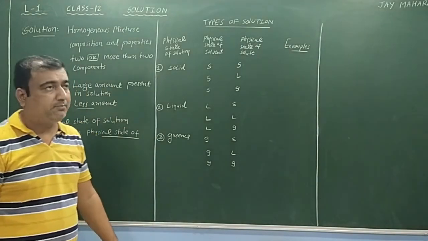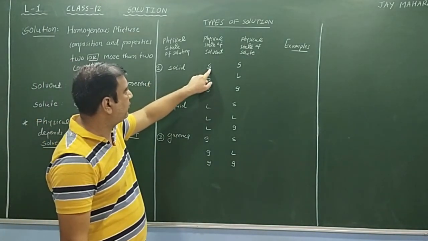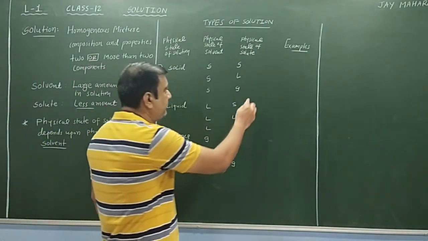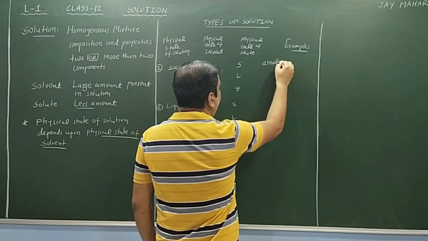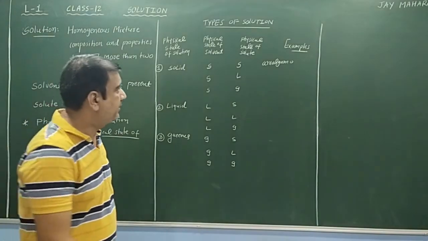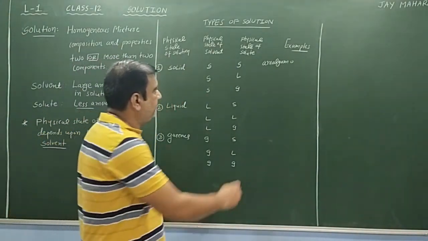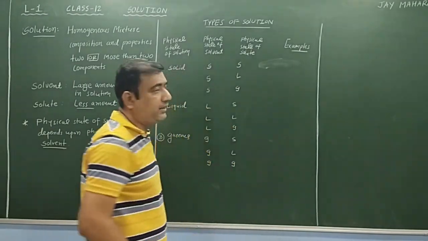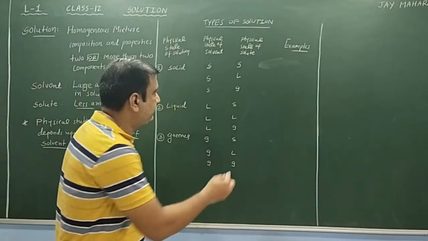Now, taking the example of solid solution. Solvent is solid and the solute is solid. Both are in solid form, so the example is alloys.